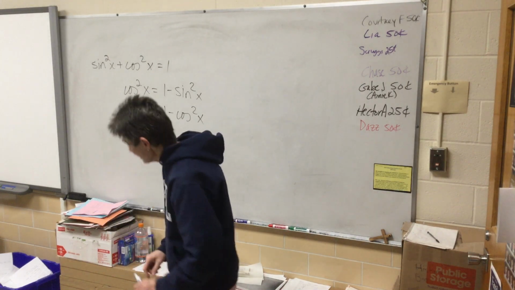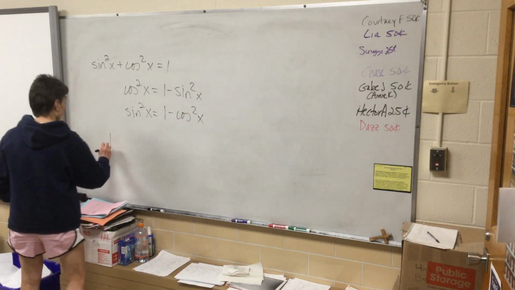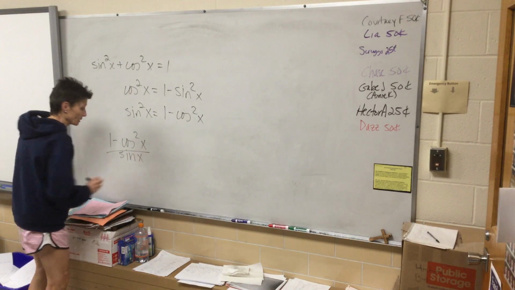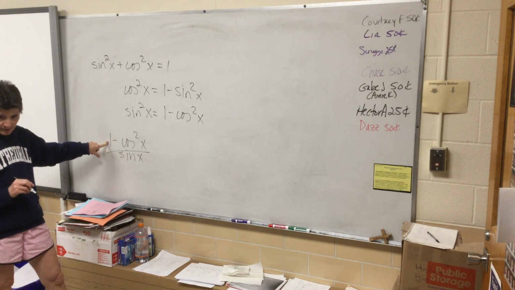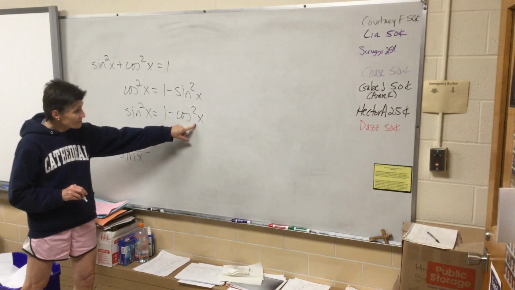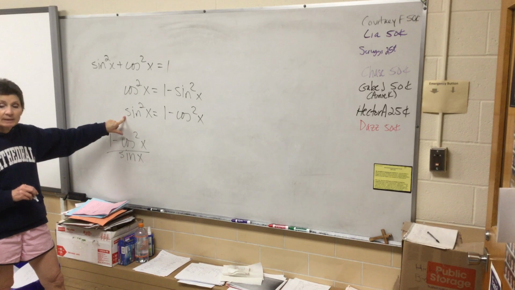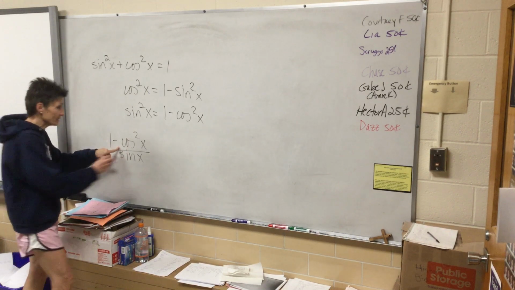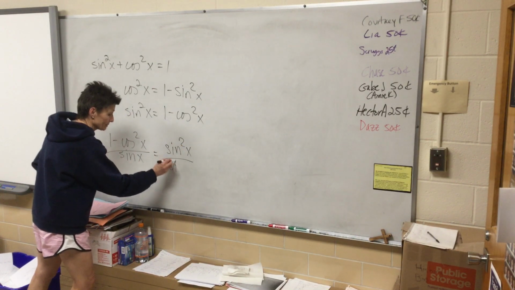Okay, so now let's look at our numerator of our problem. It's 1 minus cosine squared over sine. Now, look at what you just wrote down. What does 1 minus cosine squared equal? The sine squared. Exactly. So I'm going to change that into sine squared because that's what it equals.